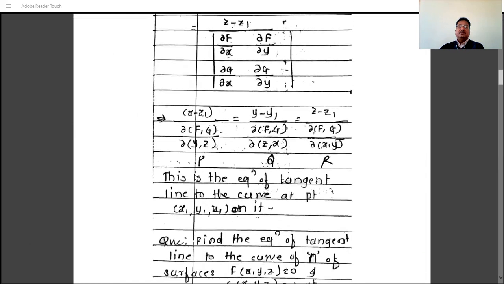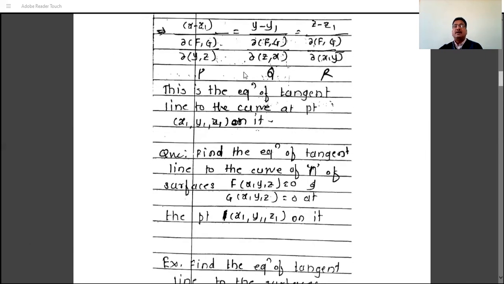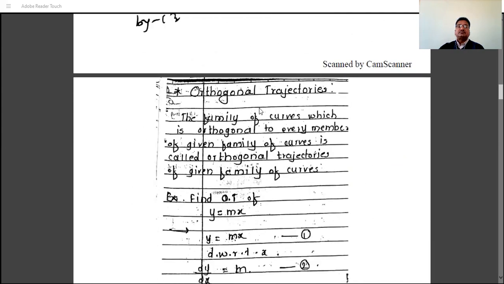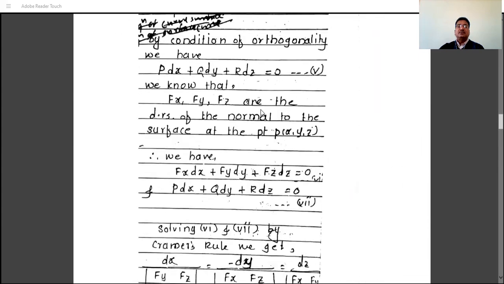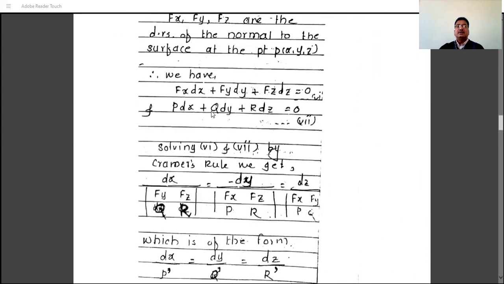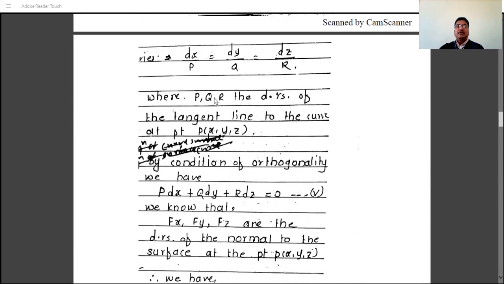So P is ∂(F,G)/∂(y,z), Q is ∂(F,G)/∂(z,x), and R is ∂(F,G)/∂(x,y). So P, Q, R are the direction ratios of the tangent line to the curves at the point P(x,y,z).